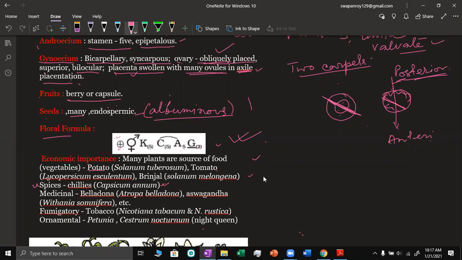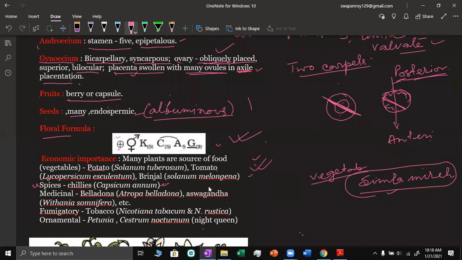Capsicum. The botanical name is Capsicum. In the market, chilies used as vegetable are known as capsicum, or simla mirch. Those colored capsicums, the bell pepper you also call, all belong to this family.